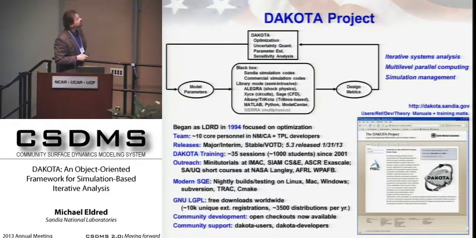So what is DAKOTA? DAKOTA is a framework for iterative analysis. Take your simulation framework and use it as a function evaluator to repeatedly map some set of model parameters into some set of quantities of interest. Pretty simple and straightforward.